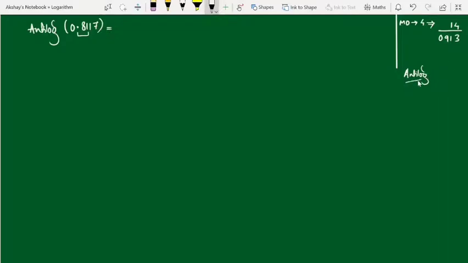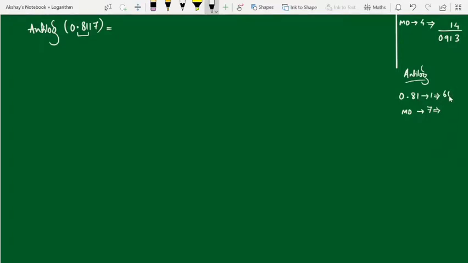You have to check in 0.81, under 1, what is the value, and mean difference value, how much we have to see, mean difference value 7. After logarithm we will be having anti-logarithm. So 0.81 under that 1 I am having 6471.